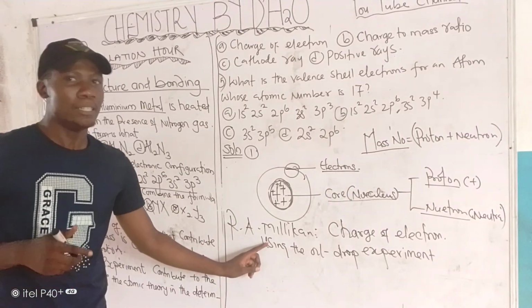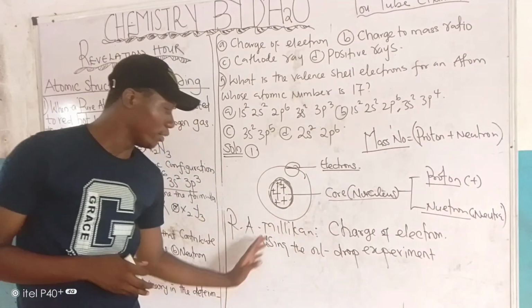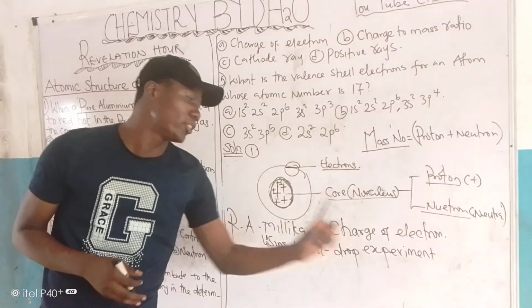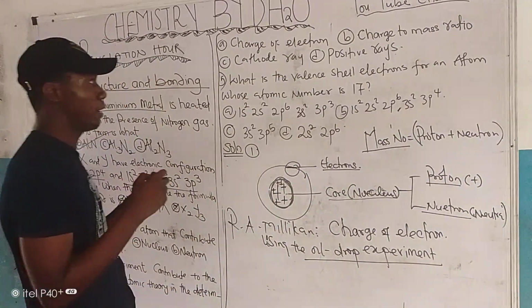Millikan measured the charge of the electron using the oil drop experiment. Write it down. Take your biro and your book, write it down. Millikan measured the charge of the electron using an oil drop experiment.